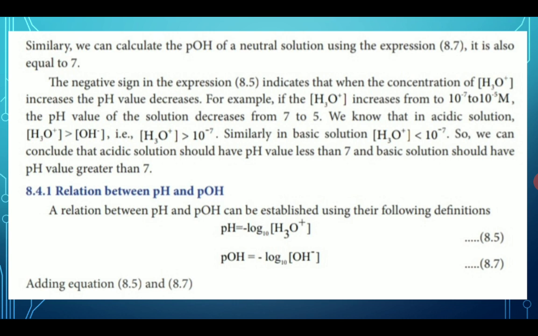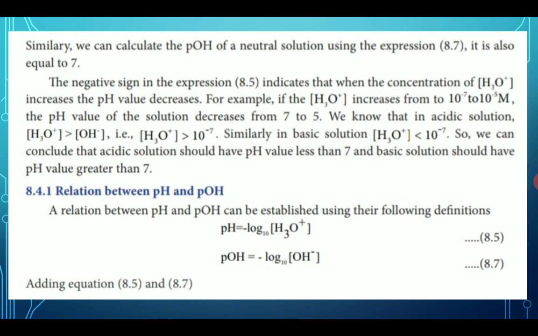The negative sign in the expression indicates we have minus log of concentration only. That negative sign indicates that when the concentration of hydrogen ion increases, the pH value decreases. Both are inversely proportional. Hydrogen ion concentration is inversely proportional to pH value.